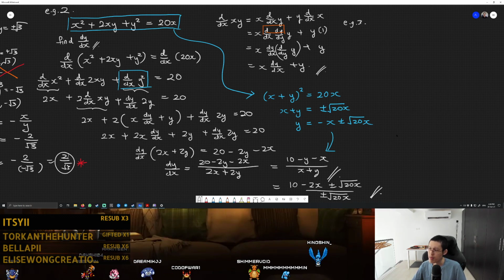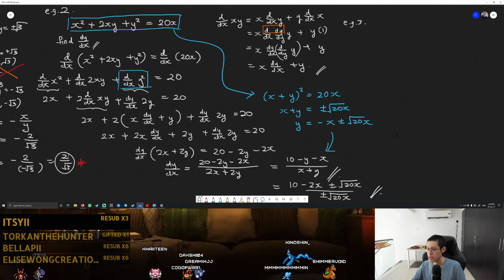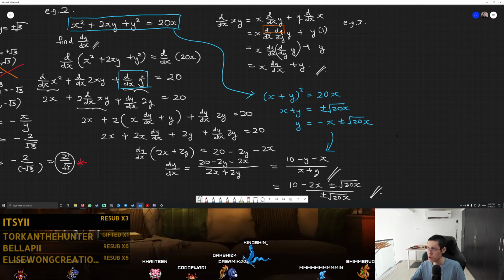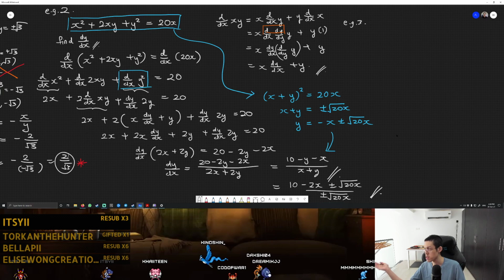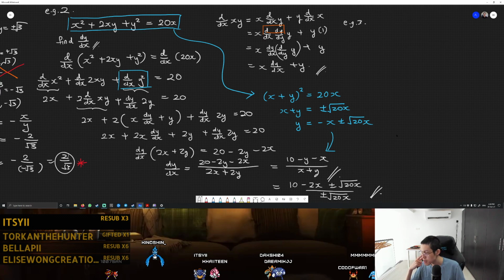Nah. I don't think you would ever want to use the quotient rule actually, because any kind of quotient you can always just multiply everything by the denominator to get rid of the denominator, and then you end up with the product rule. So you can always use just the product rule. You don't have to use the quotient rule.